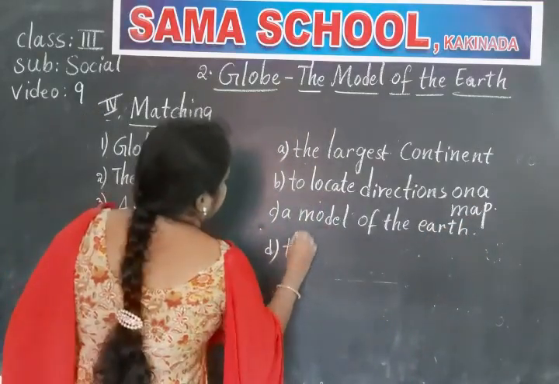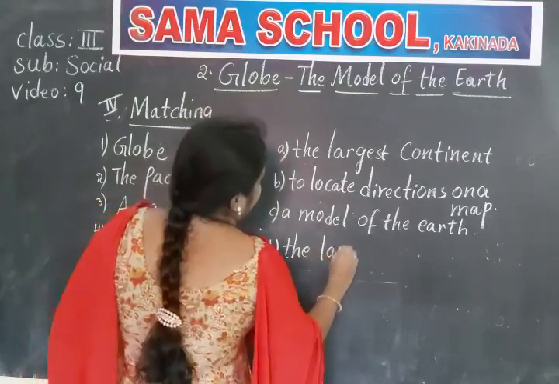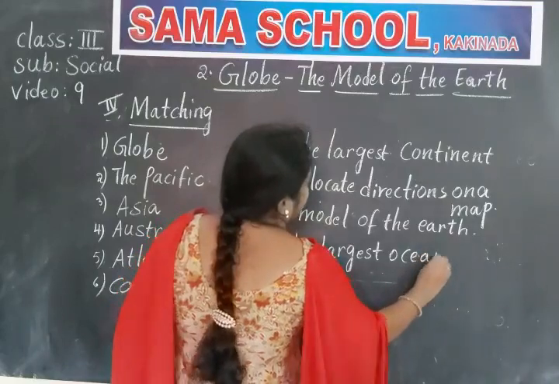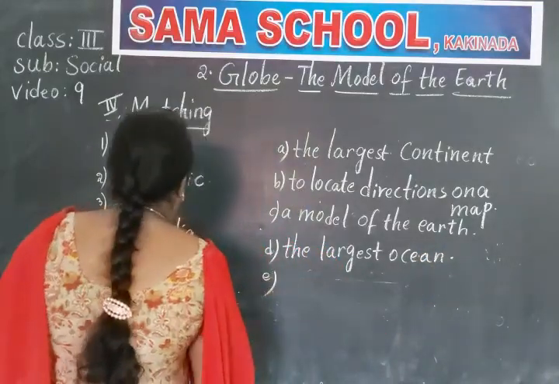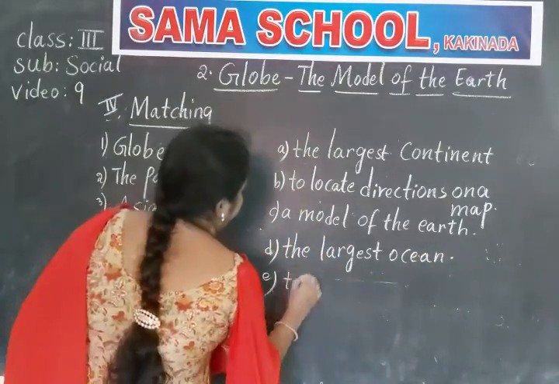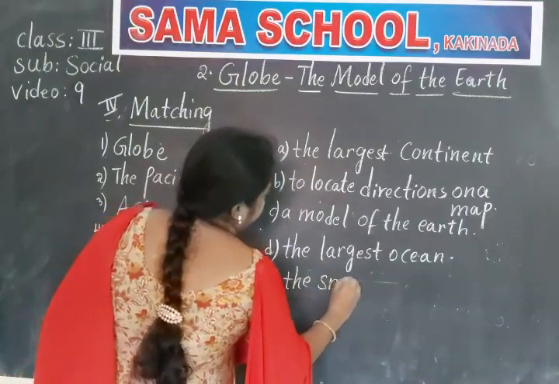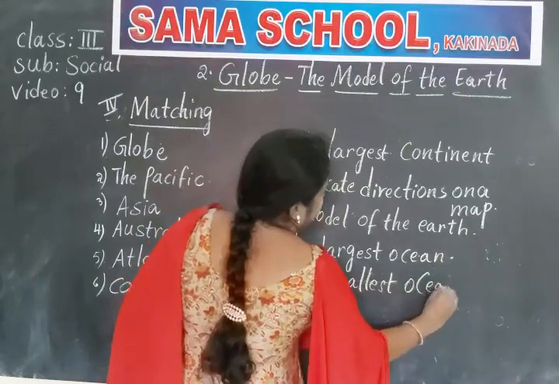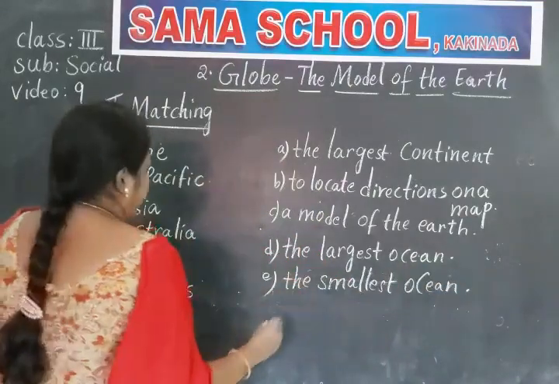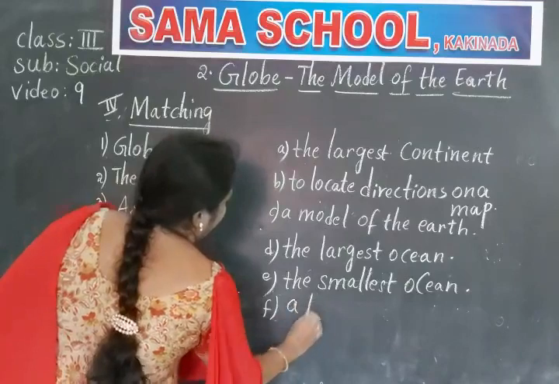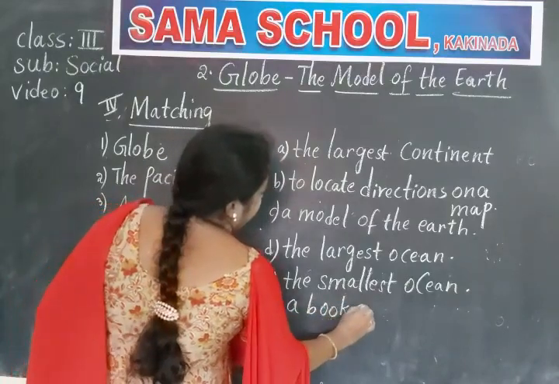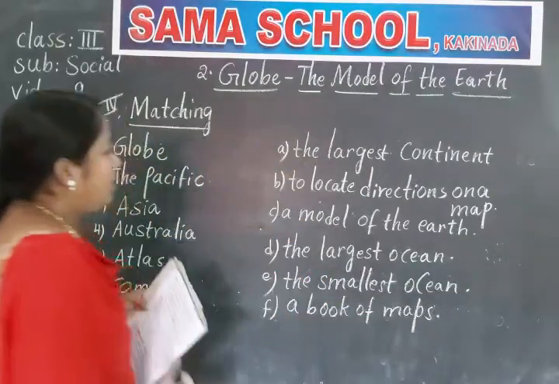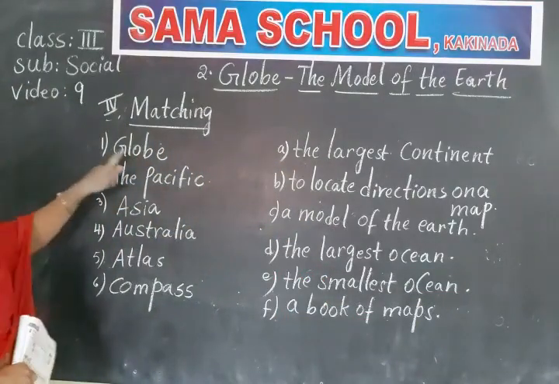Next, the largest ocean. The smallest ocean. And the last one, a book of maps. Clear, children?